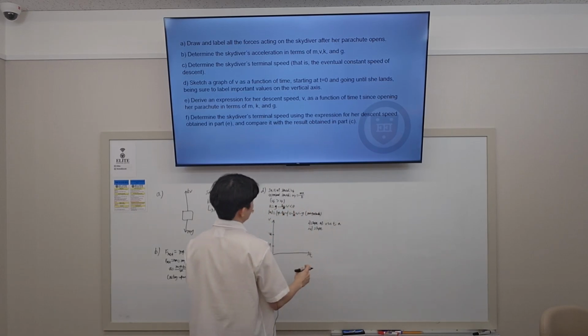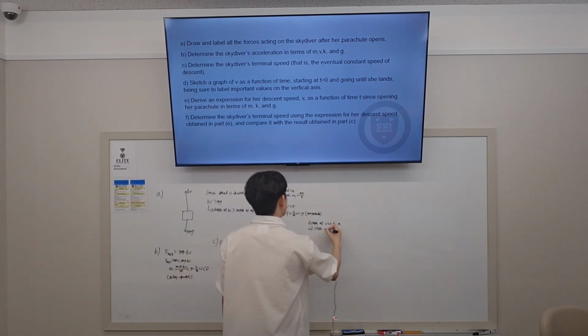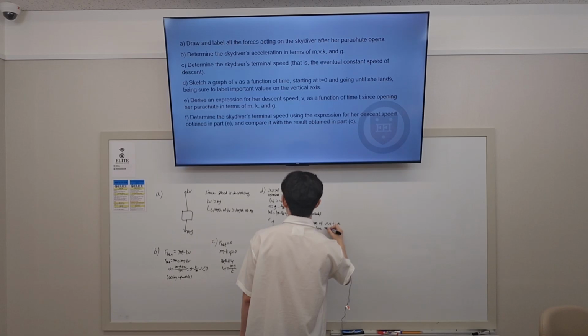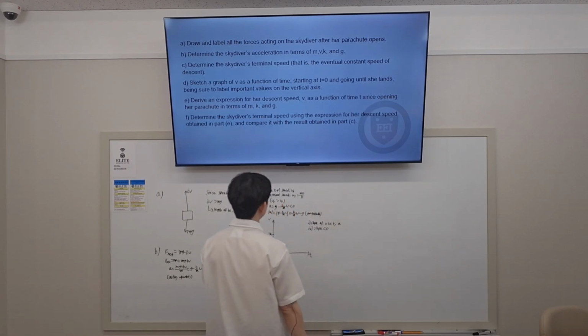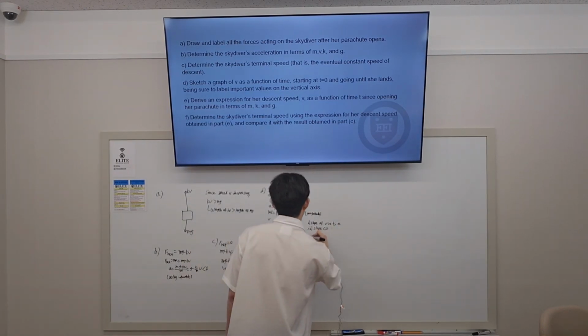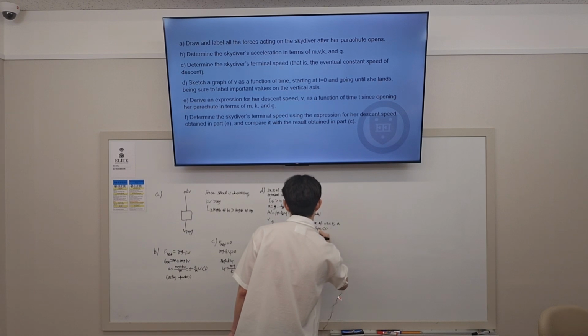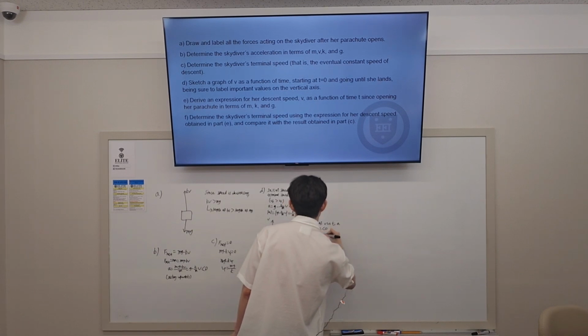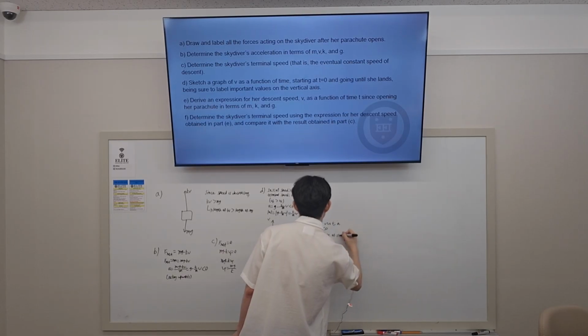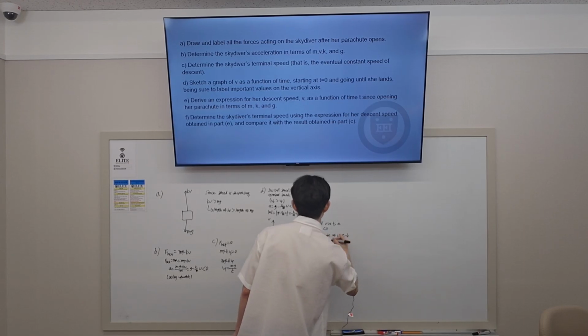Since a is negative here, the slope has to be negative, and the magnitude of the slope has to decrease as time increases.